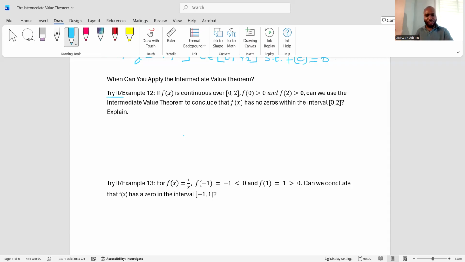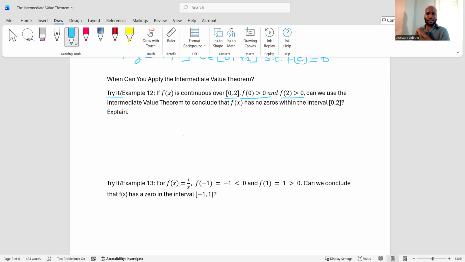If a function is continuous over 0, 2, and we have f evaluated at 0 to be positive, f evaluated at 2 to be positive, can we use the intermediate value theorem to conclude that f of x has no zeros within the interval 0, 2? We need to be careful with this problem.